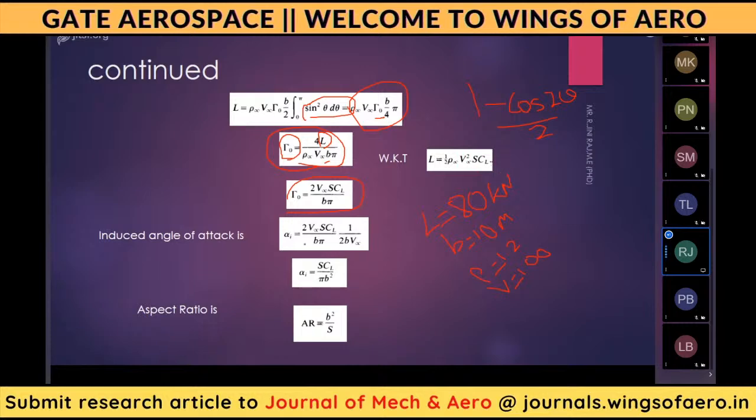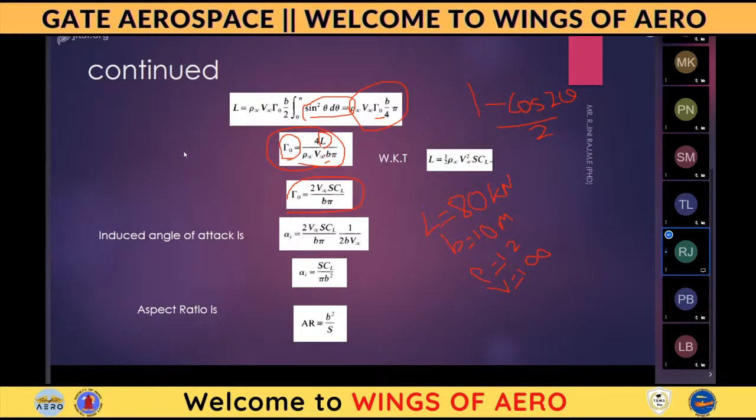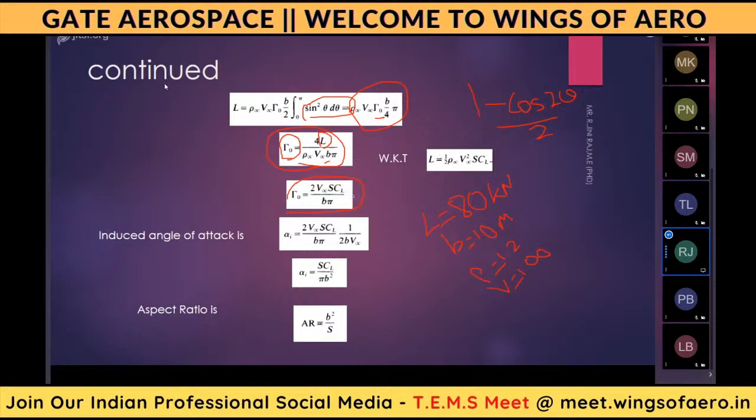By applying this formula, V infinity square in the numerator and V infinity in the denominator, that gets cancelled, and rho infinity gets cancelled, then 2 and 4 cancel, and we will get 2 V infinity S CL divided by B into pi.